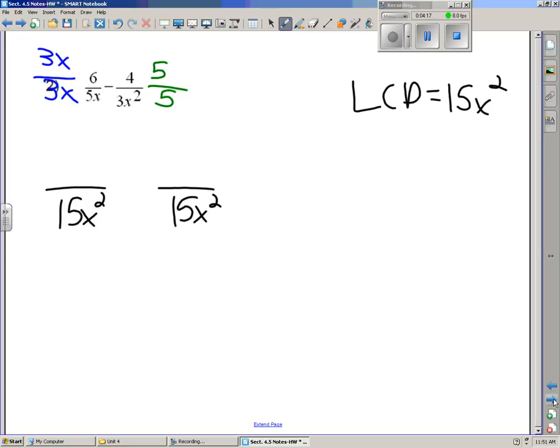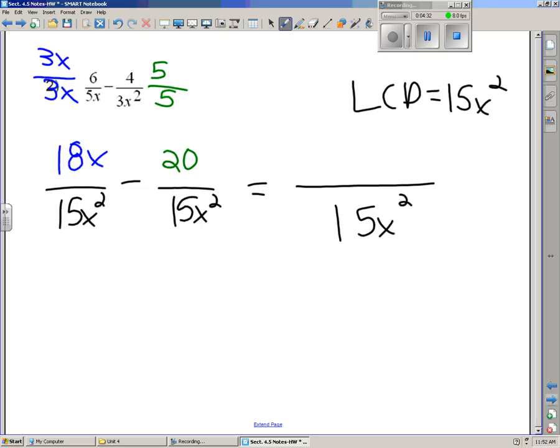My first fraction becomes 18x on top. My second fraction just becomes 20. And I'm being asked to subtract these pieces. If I write it as one big fraction, here's my common denominator. 18x and 20 are not like terms, so I can't combine them, but I can keep it as 18x minus 20.